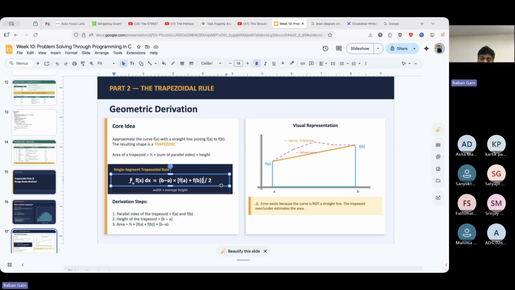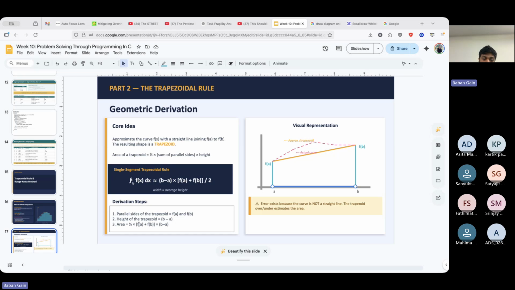So basically, assume that you are just trying to find the area of a trapezoid. This is one length, B minus A, and this one is another.